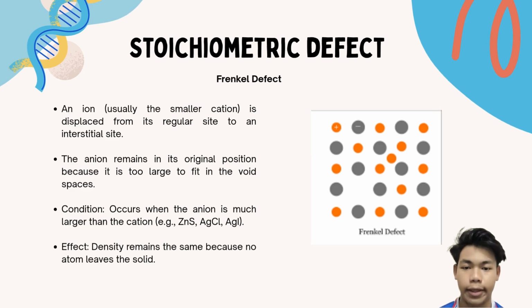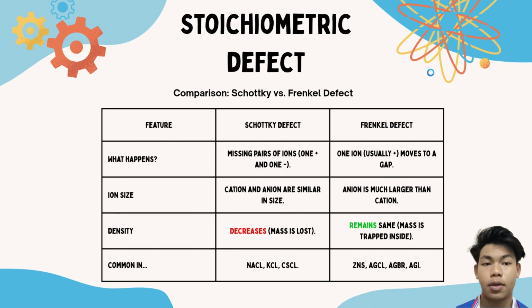To conclude my part, let's summarize the key differences between the most common ionic defects, which are Frenkel and Schottky defects. In a Schottky defect, both cations and anions leave the crystal, whereas in a Frenkel defect, the smaller ions simply shift to an interstitial position.